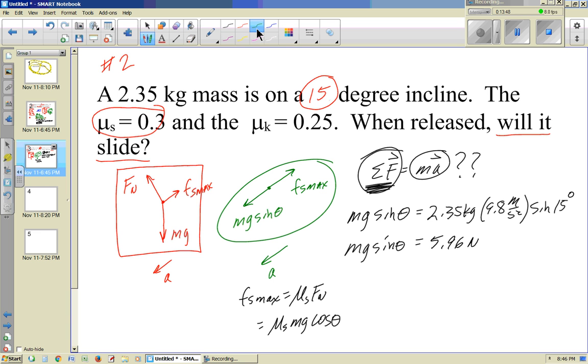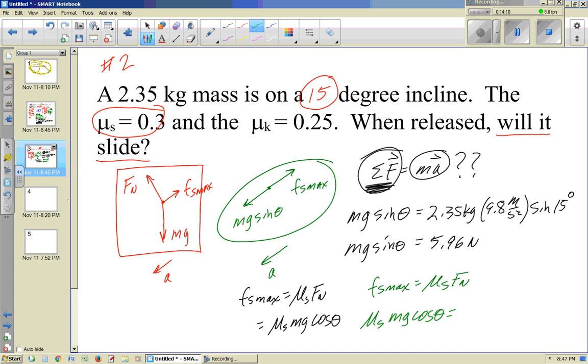So we're now going to say, let's calculate F static max. Equals mu static Fn. And let's just say all of that is going to be equal to mu static mg cosine of theta. And now we put the numbers in and see what it actually is equal to.